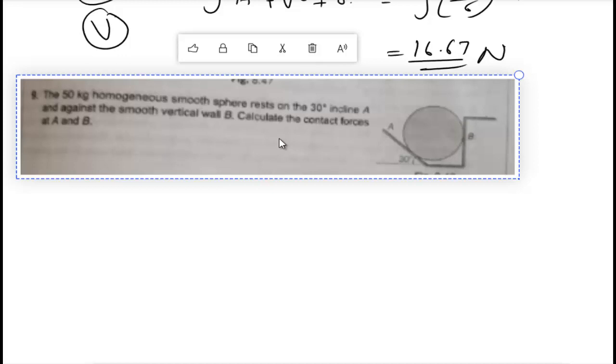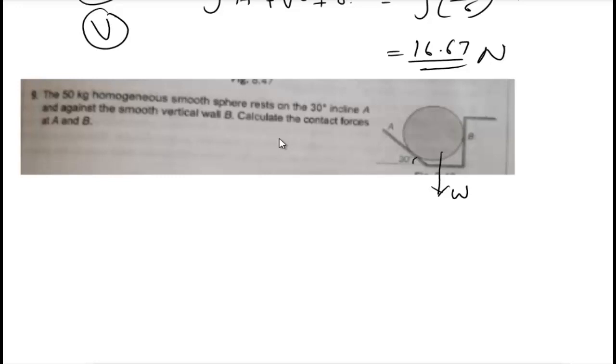See, first we can mark all the forces which are acting on it. A homogeneous smooth sphere rests on the 30-degree incline at A. So this is inclined at an angle 30 degree at A. Here we know weight will be acting exactly downwards.